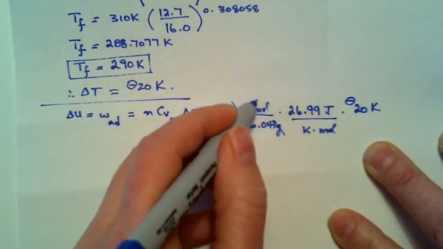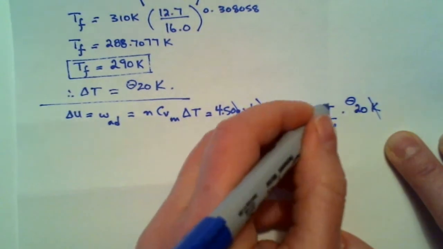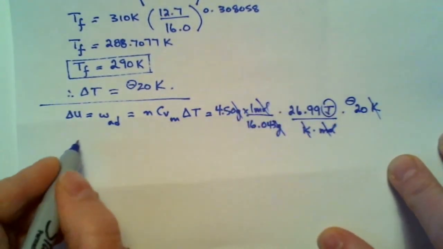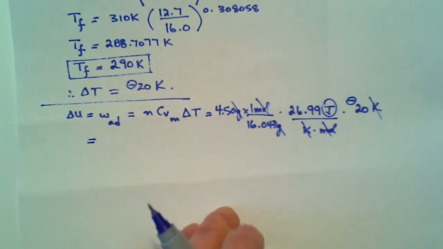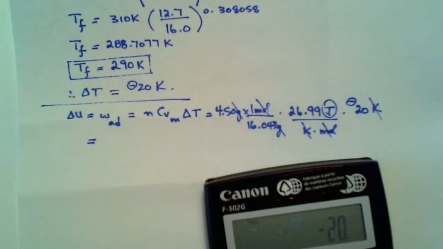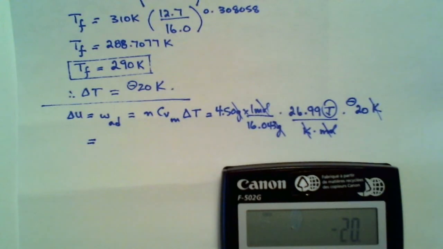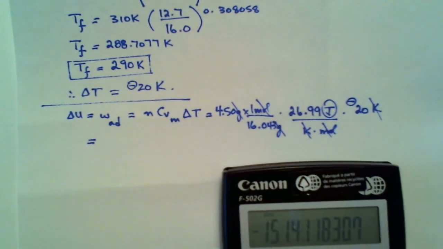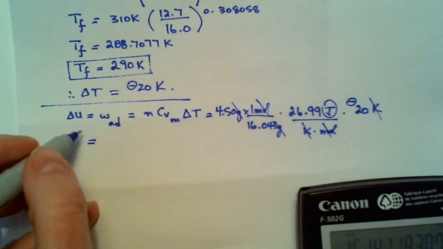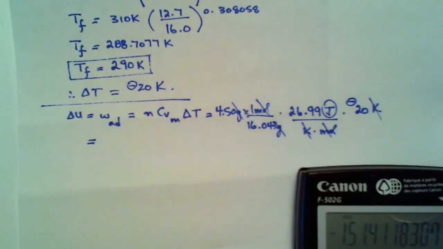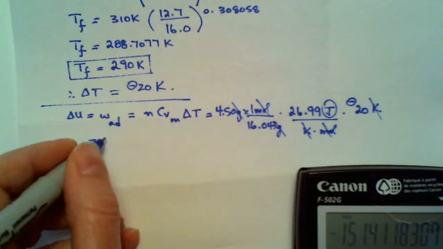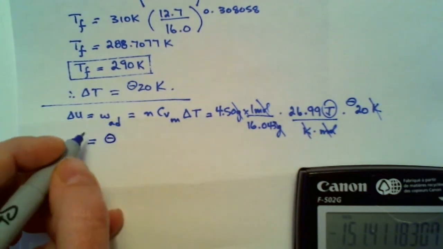Units end up in joules, that's great. 20 is still there, so we'll carry it. Multiply by 26.59 times 4.5, divide by 16.043. The internal energy is decreasing. There is a temperature drop. There is work leaving. So all the signs make sense everywhere.